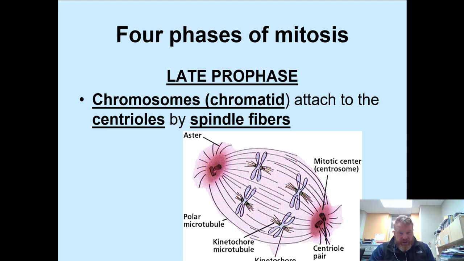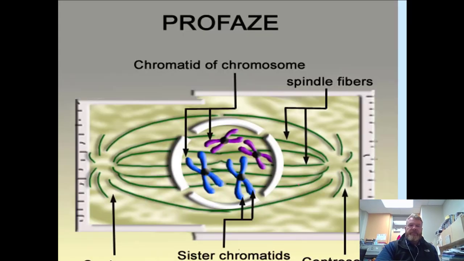So you'll see right here, you've got your centrioles. They shot out the spindle fibers. They're going to latch on to the centromere. And eventually we're going to be moving into the next phase right here. Nice little visual representation. So the nucleus is almost gone.